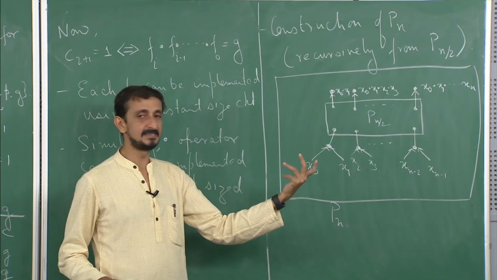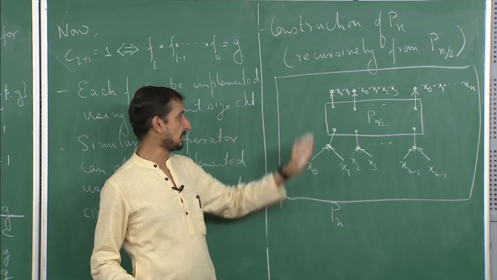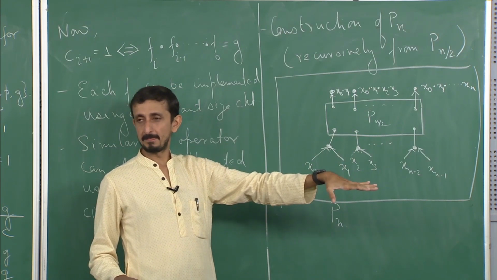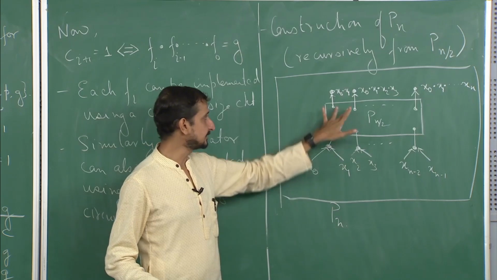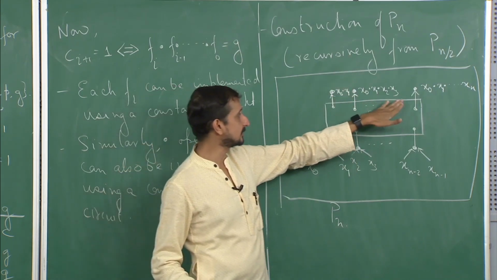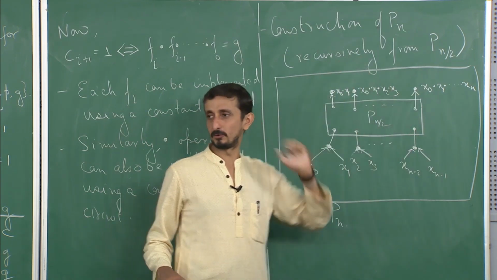For example, how do you get x0? Just output this. How do I get x0 dot x1 dot x2? Exactly, take x0 dot x1 from here and x2 from here. How do I get x0, x1, x2, x3, x4? Again the same thing, take this and then take x4 directly.